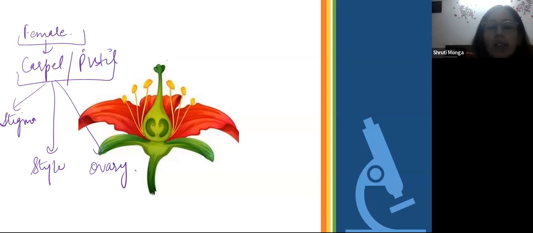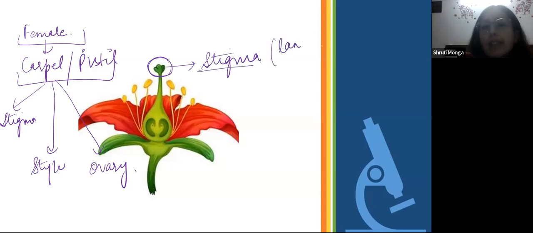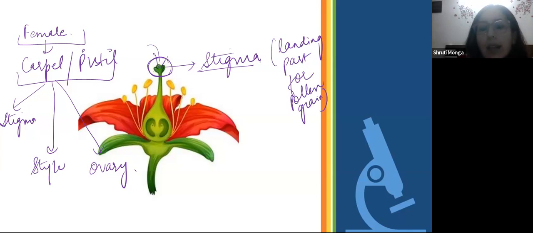Here it is. If you see, the top part is known as the stigma, which is actually known as the landing portion or landing part. Landing part for whom? Landing part for pollen grains, because the pollen grains come and land over here on the stigma.